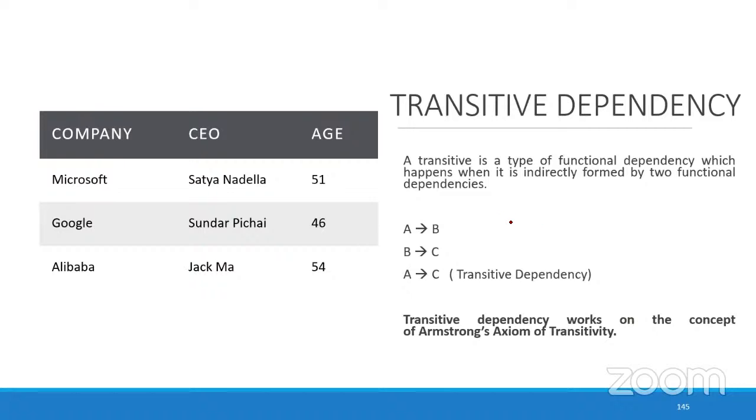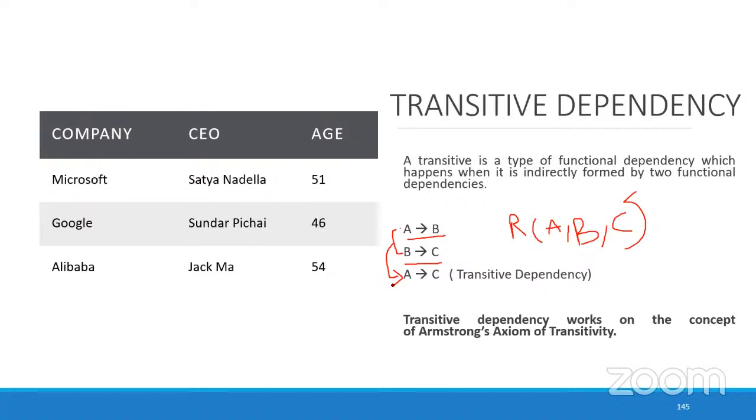For example, take the relation R with attributes A, B, C. There is a functional dependency between A and B, and there is a functional dependency between B and C. If it allows the functional dependencies A to B and B to C, then there is a chance for transitive dependency, that is A to C. This is called transitive dependency.